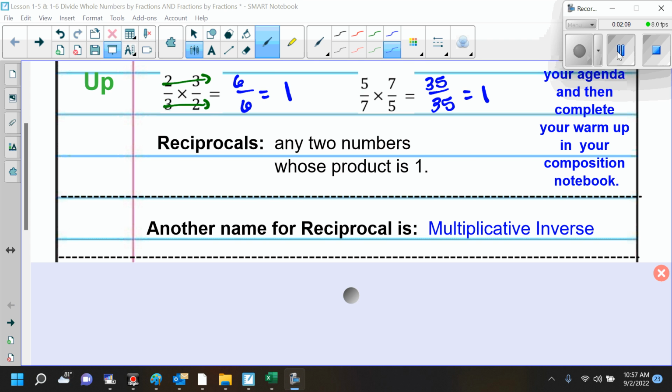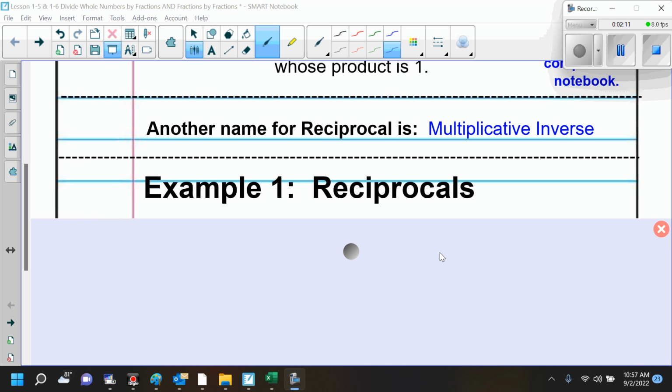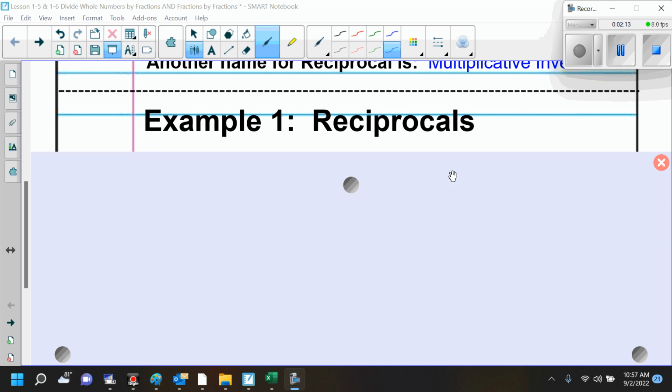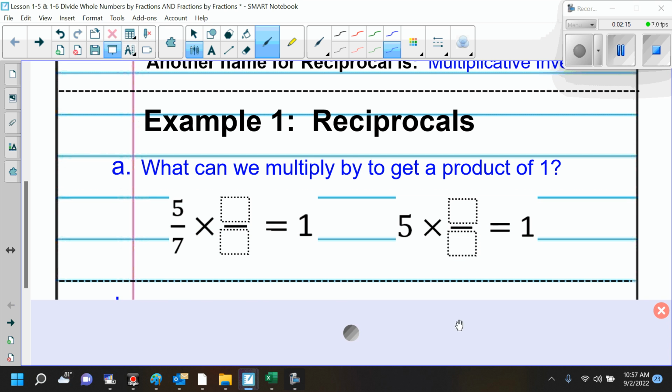Is everybody clear with that? Example 1 is reciprocals. So here we want to know what can we multiply to get the product of 1. So for 5/7, what did we multiply? 7/5. So 7/5 is the reciprocal of 5/7.